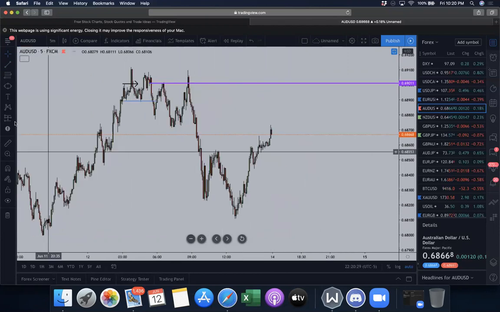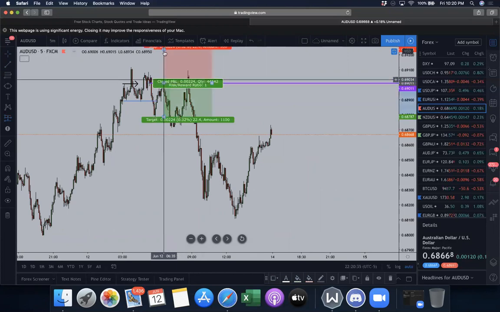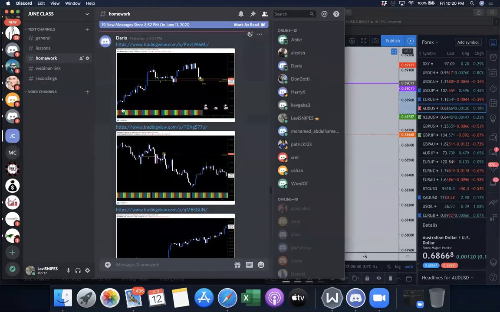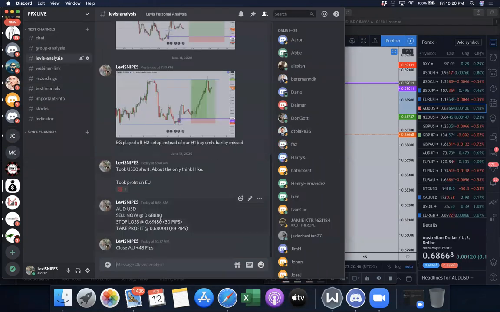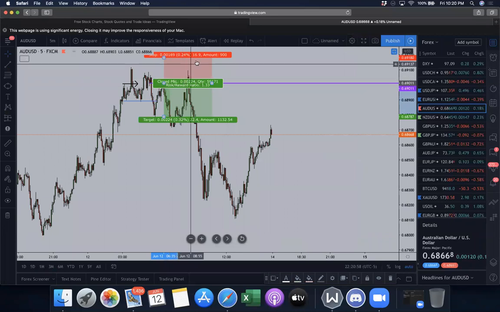So hopefully y'all made money on that if you saw it in the group this morning. The entry was here. Stop loss was above the high. Let me see what stop loss I gave y'all. Okay, so I gave y'all this stop loss here.